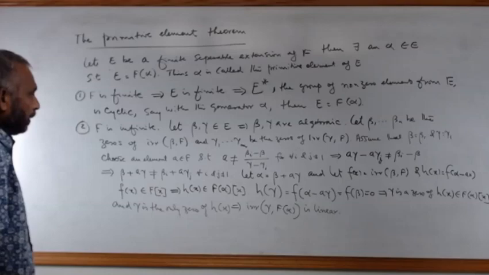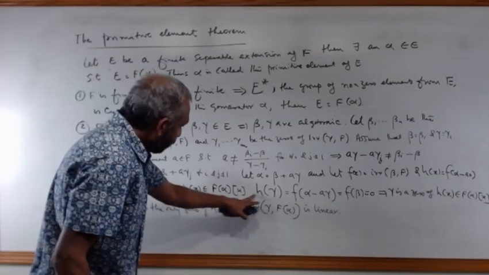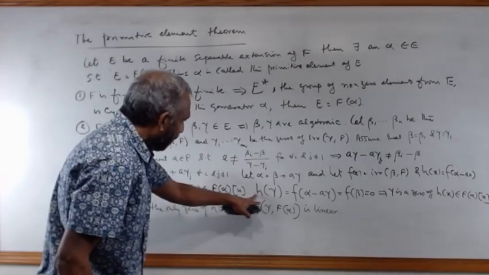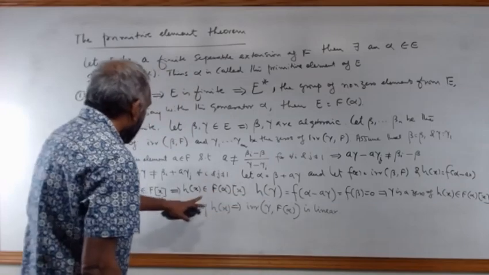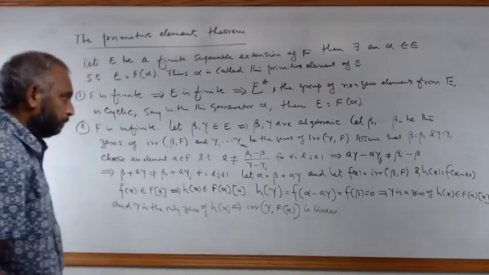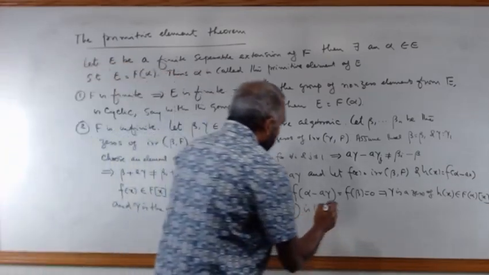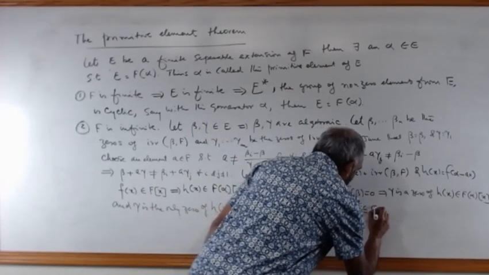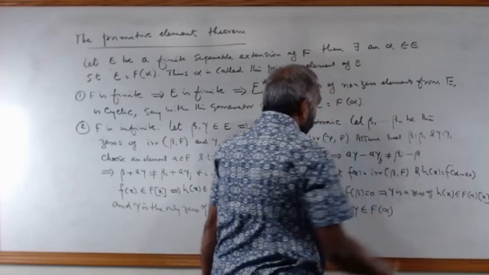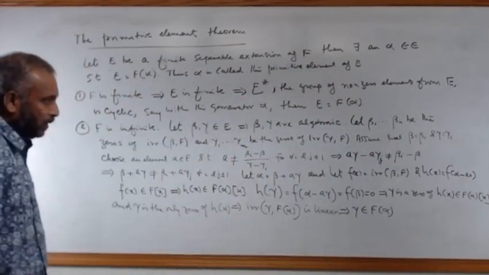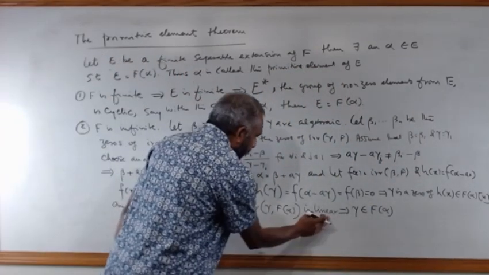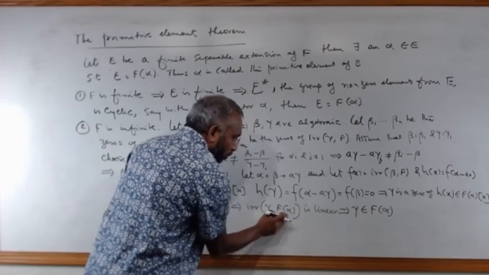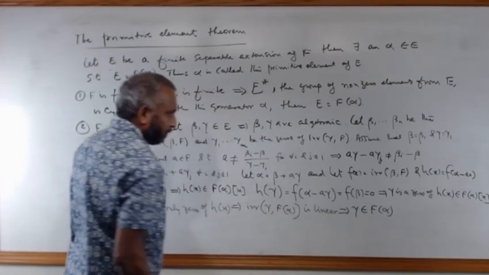Right? And because this is h of x belongs to f of alpha of x, that implies gamma belongs to f of alpha. With the result I showed you, if this is linear, then this belongs to f of alpha.